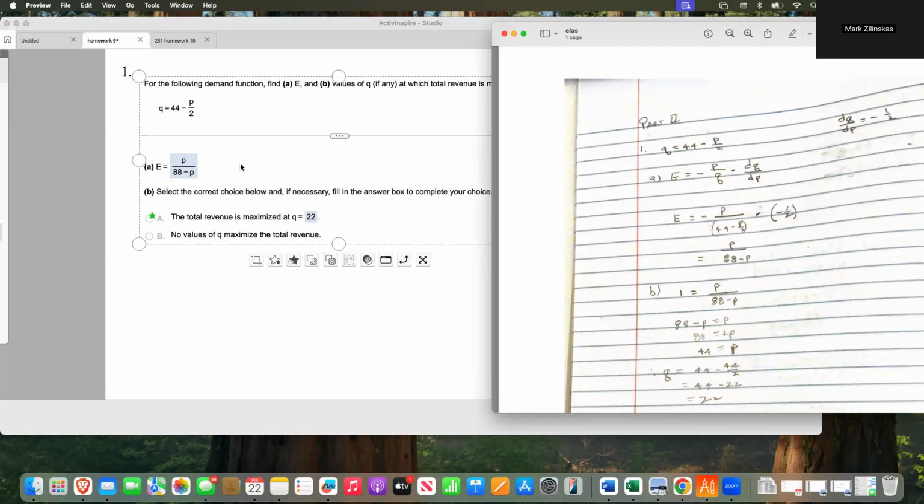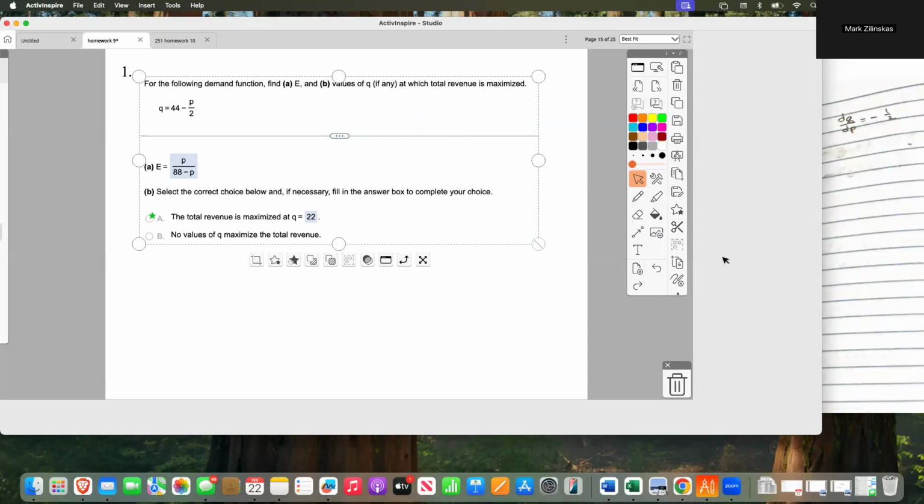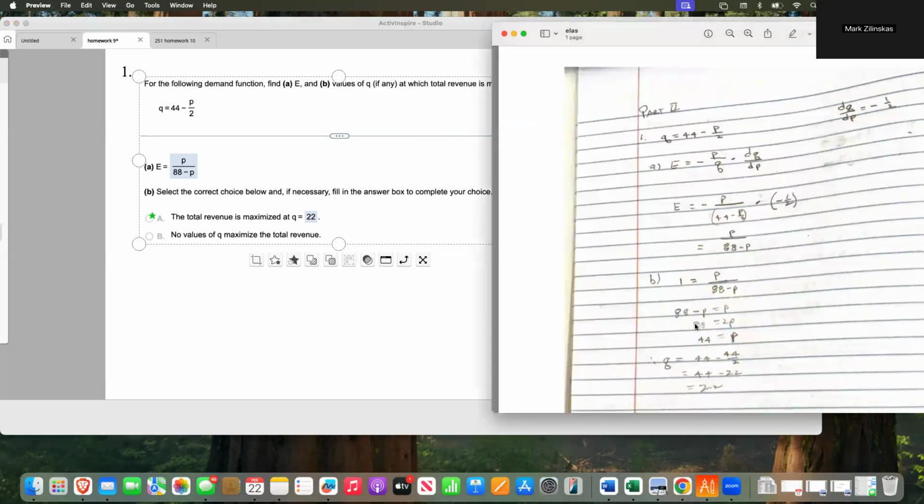So I take my equation here and replace the E with 1, and solve for P. I get P equal to 44, but they want the values of Q. Once I find P, that gives me the revenue being maximized when P is equal to 44. I just go back to this simple equation and substitute the 44 in for P, and then I get my value of Q, which is 22, and that's what I would type in there.